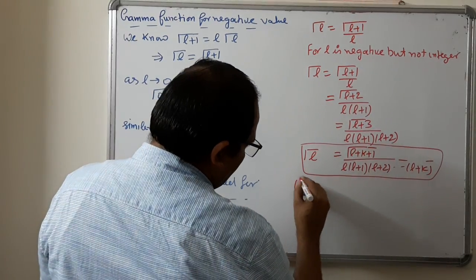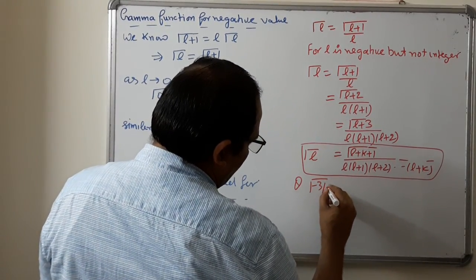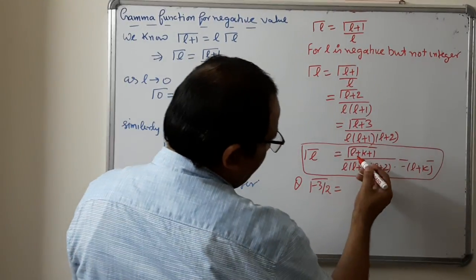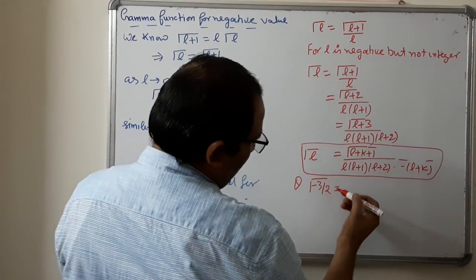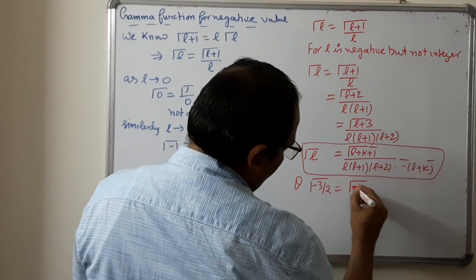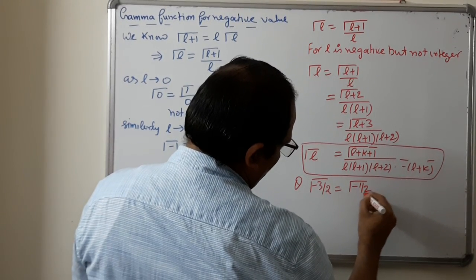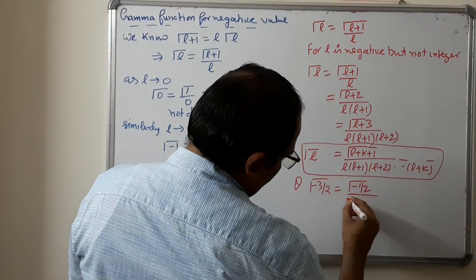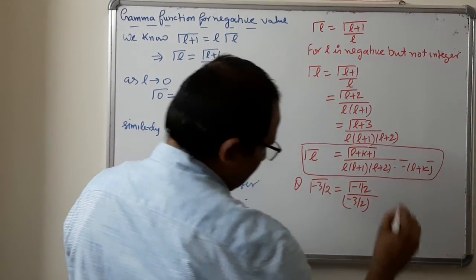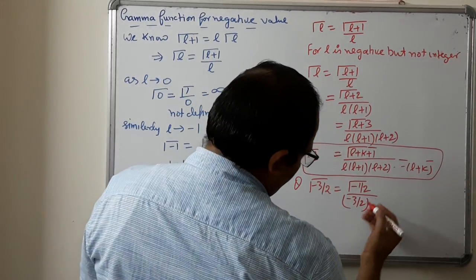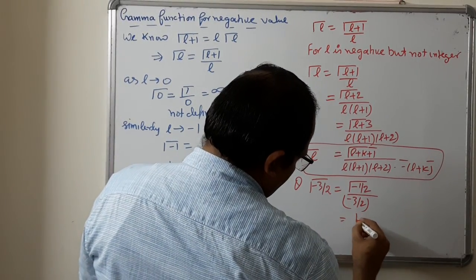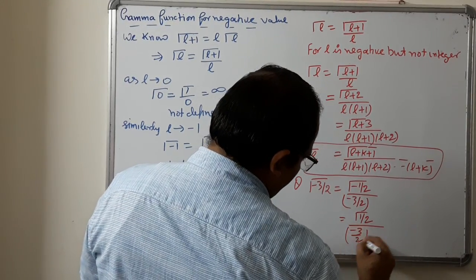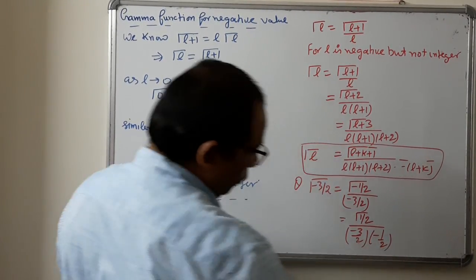Let us suppose we want to find the value of gamma(-3/2). We will use this formula. Write gamma(-3/2), add 1, so we can write gamma(-1/2) upon -3/2. Again apply this formula, we get gamma(1/2) upon (-3/2)(-1/2).